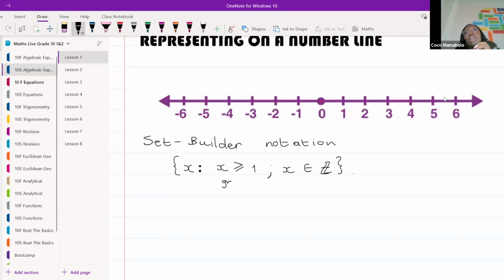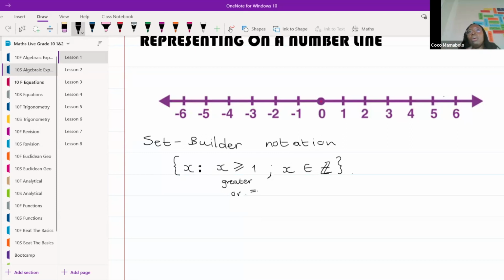It's greater than or equal to, because it can't be and. If we say and, what you're actually saying is that this number X can be 1 and it can be 3 at the same time. That's a false statement. We need to use the words or equal to. We need to make sure that we've got all of that put together.